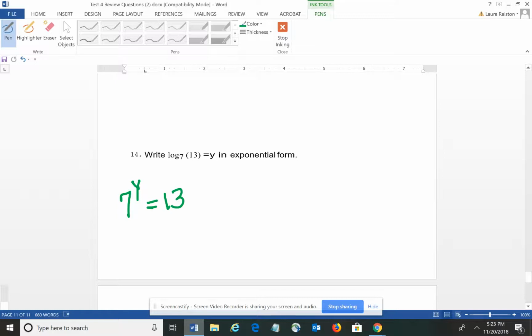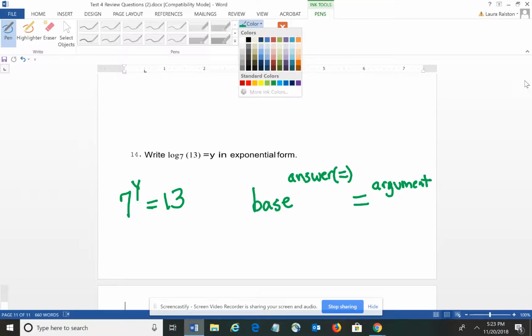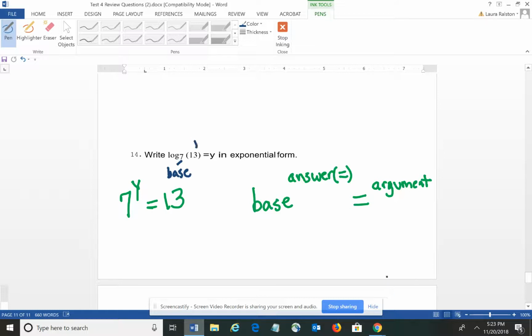Generically, the base of your exponential and the base of your log are the same, raised to your answer, whatever's after the equal sign, and that equals your argument. Let me point out the parts on the actual problem. The 7 is the base, the 13 is your argument, and obviously y is your answer.